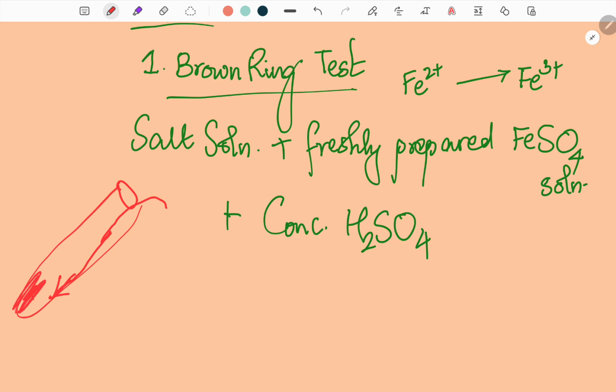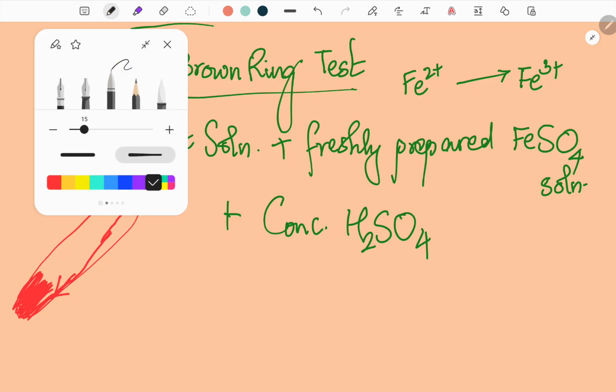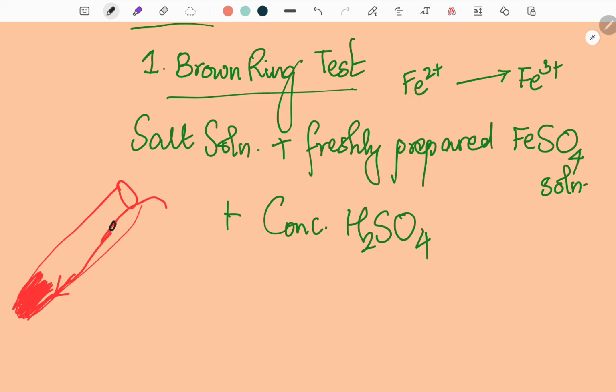Here you will have the salt and the freshly prepared FeSO4, and then you need to add the concentrated sulfuric acid drop by drop, and you will slowly see that a ring-like structure will be formed at the junction of the solutions, and that ring is actually your brown ring, and that is the observation which you need to get.